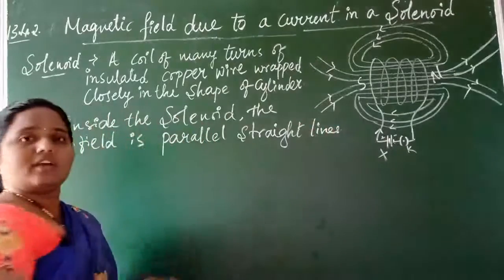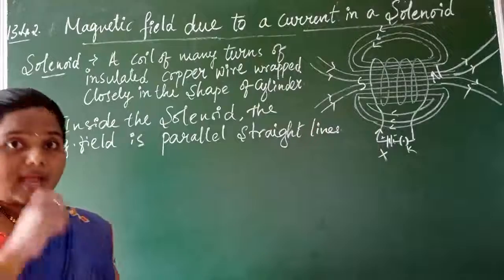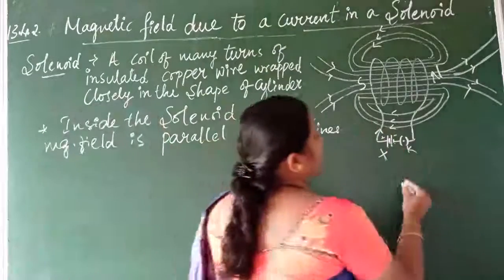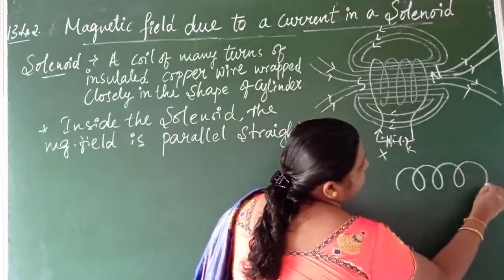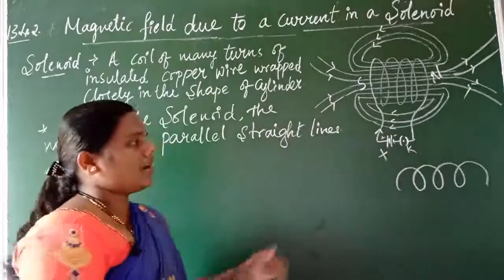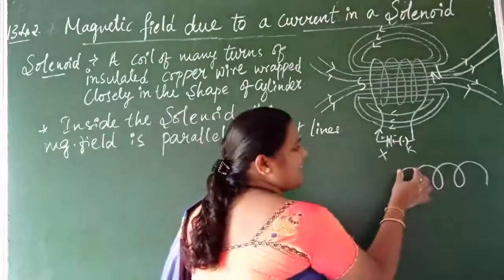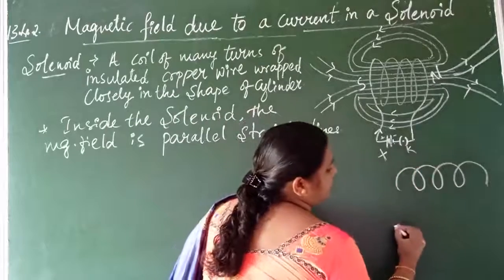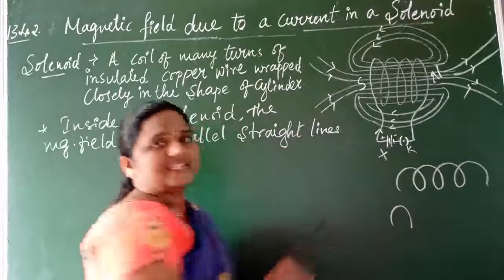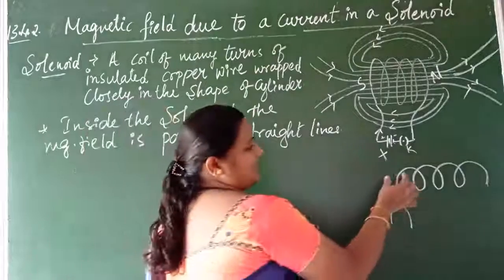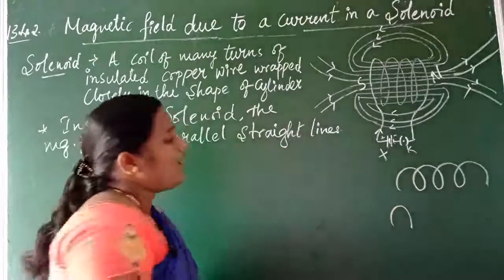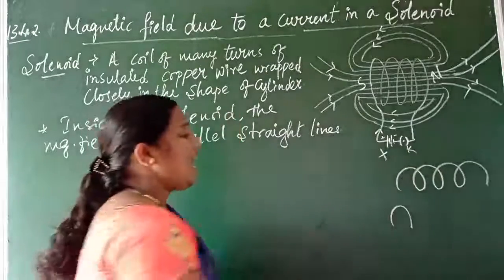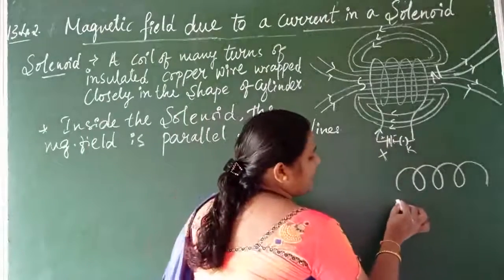Isn't it? Then how can we come to know whether they are moving in parallel straight lines? For example, imagine that, children, this is a coil which has been wound closely. Now if we take this one turn, how would it look? I am taking only this one part, children. One turn we have taken. Then at this loop, what is the magnetic field?